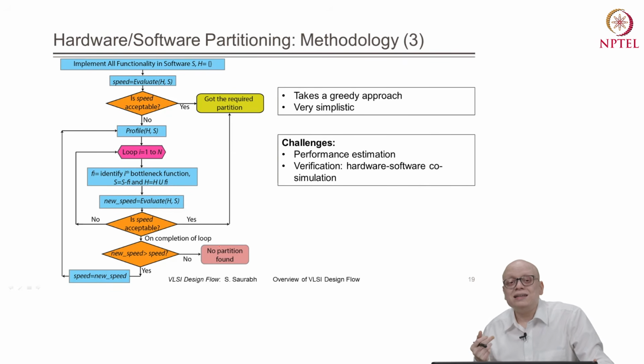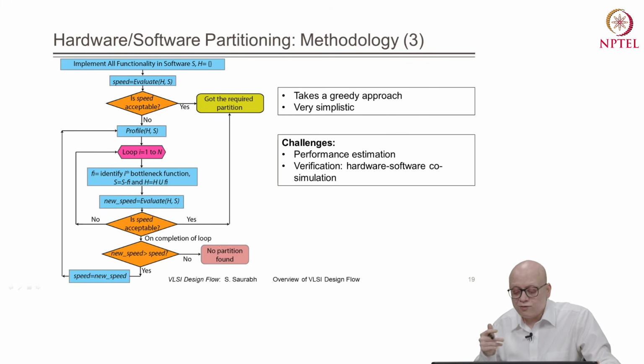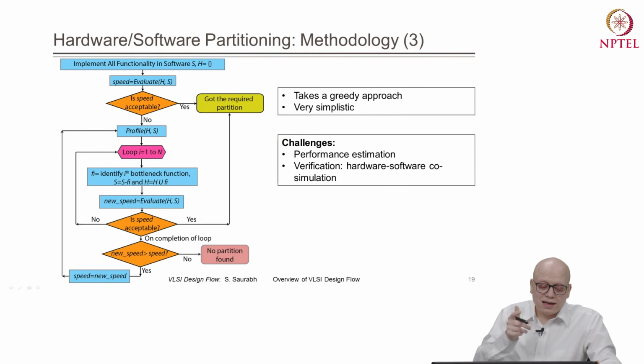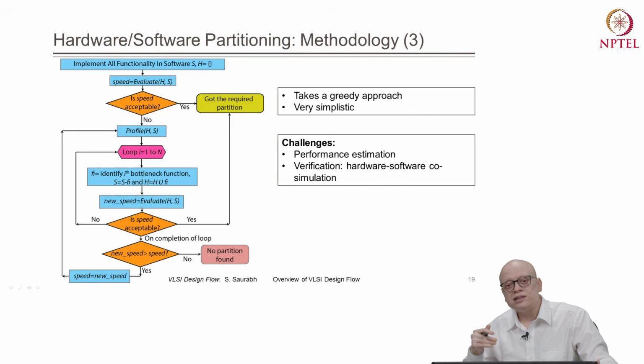Now, what are the challenges in this kind of implementation, or hardware software partitioning in general? The first challenge is performance estimation. When we say that we move the function f from software to hardware, we then evaluate the performance to see whether it is below the threshold or not. Now the problem is that we don't have the hardware yet, right?